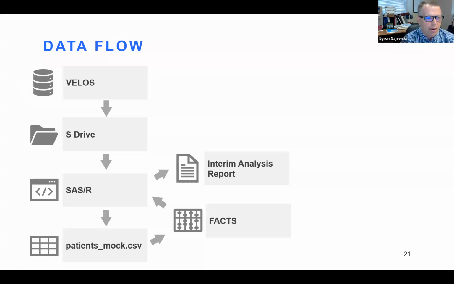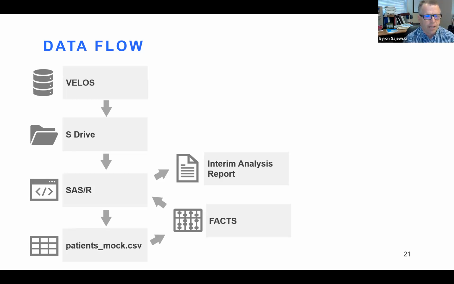Then from that, we use SAS and R to create a patient's mock report. The patient's mock report is then called in by a program called FACS. FACS is a fixed and adaptive clinical trials simulation. It is the state-of-the-art software program globally for doing these kinds of designs.